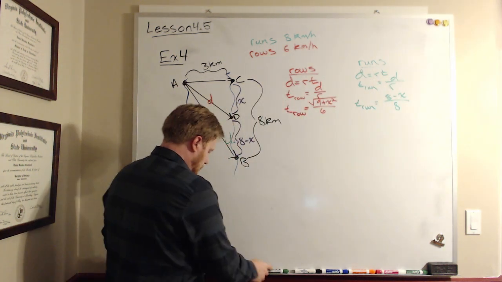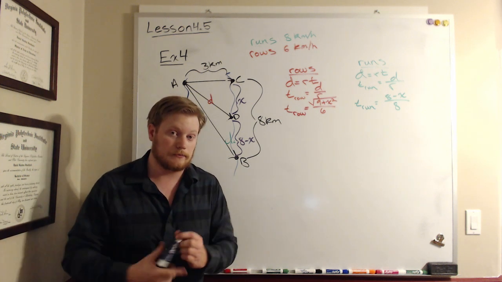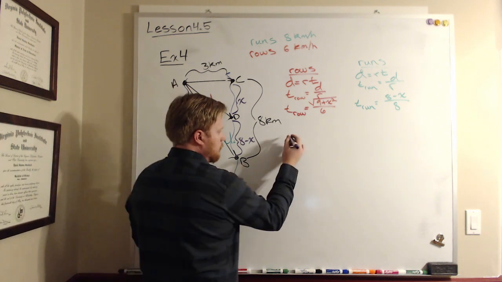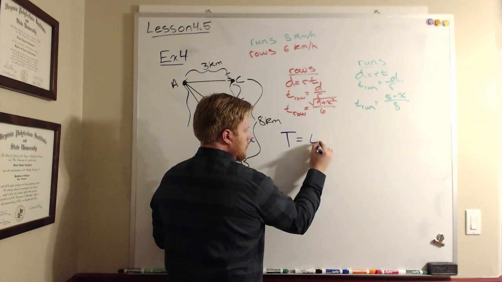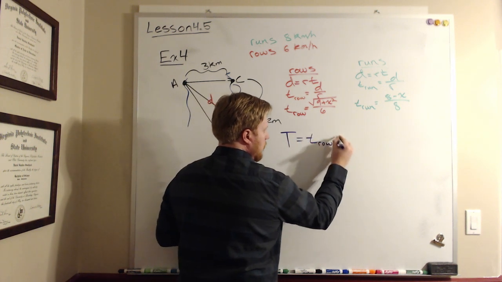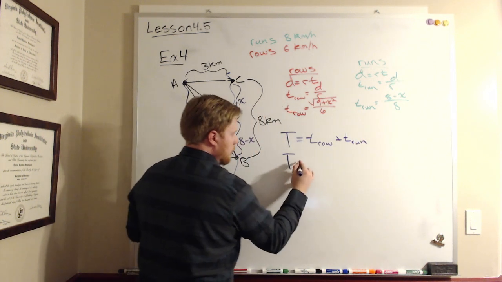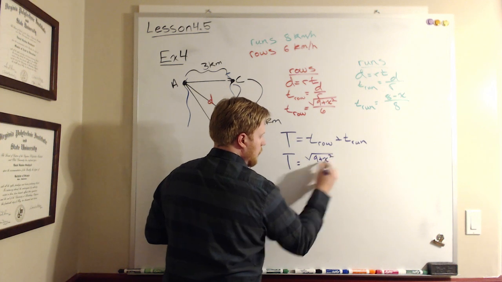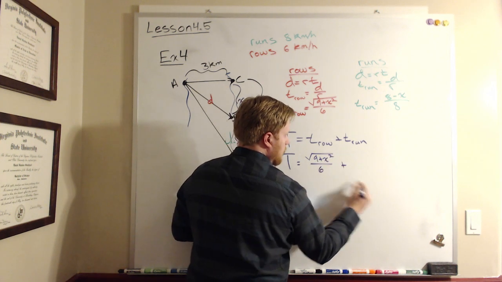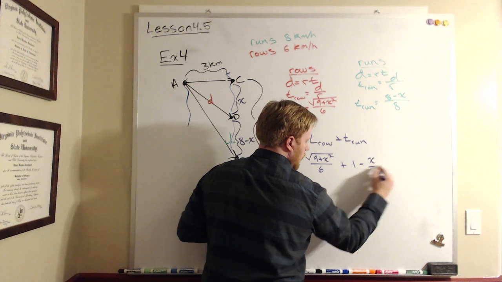Now, I want to calculate the total time, big T, and big T is just the sum of the two little t's. So big T is the square root of 9 plus x squared over 6 plus 8 minus x over 8.